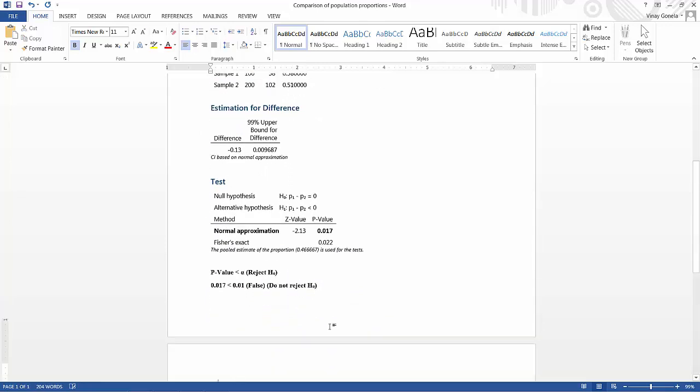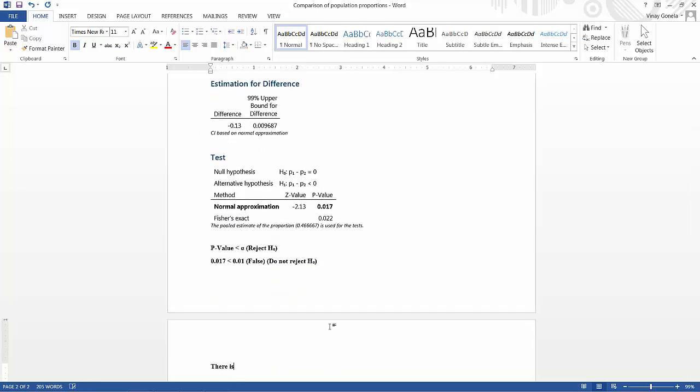So there is insufficient evidence to claim that the drug is more effective for women compared to men.